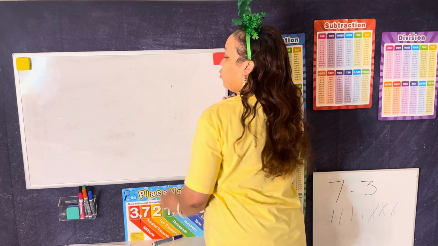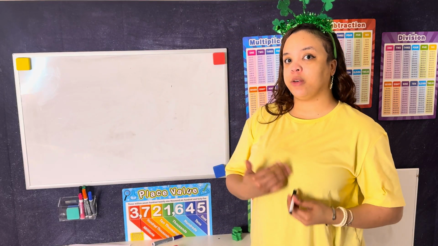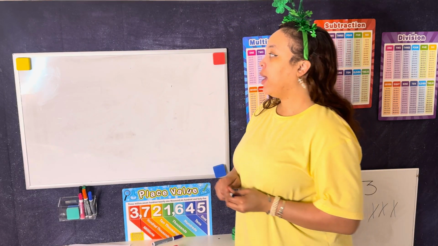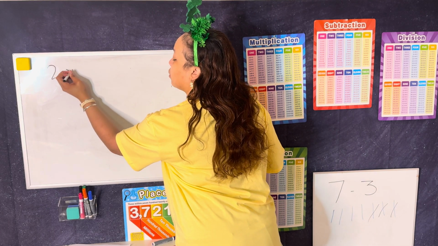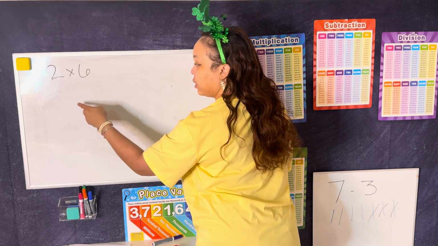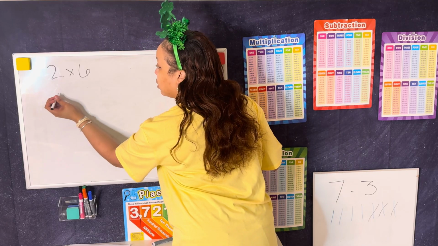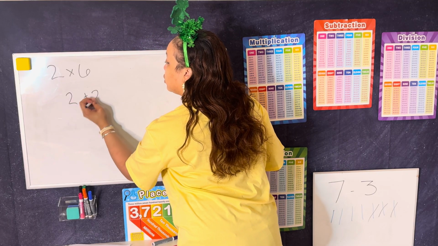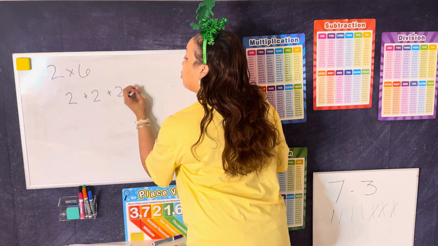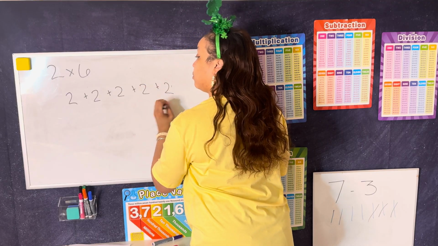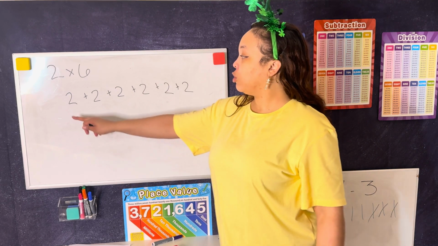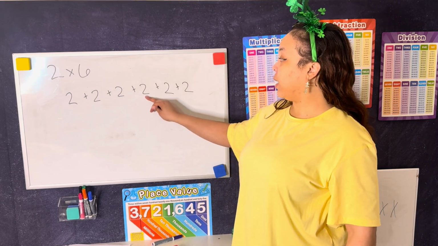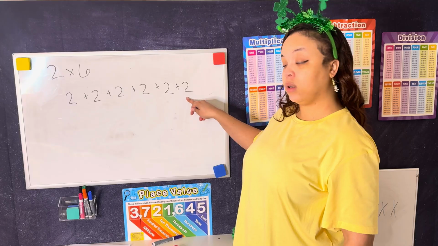So since multiplication is basically repeated addition, if we have 2 times 6, this is basically just saying 2 plus 2 plus 2 plus 2 plus 2 plus 2. 2, 4, 6, 8, 10, 12.